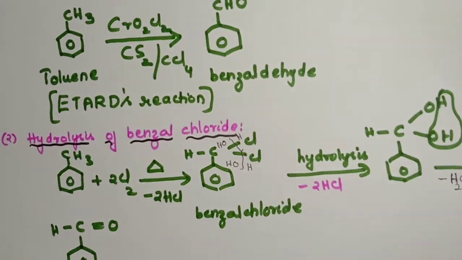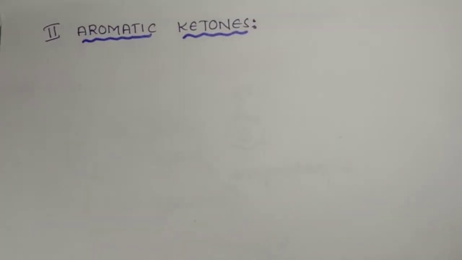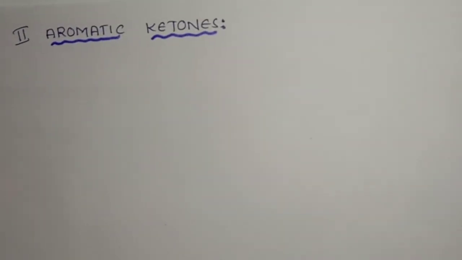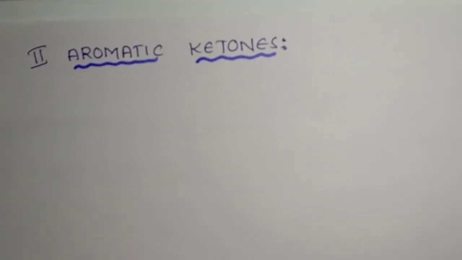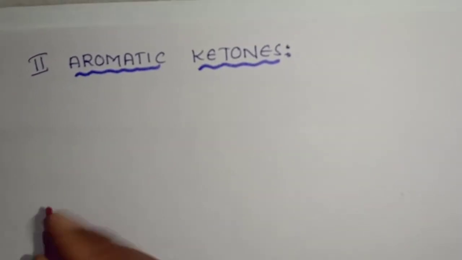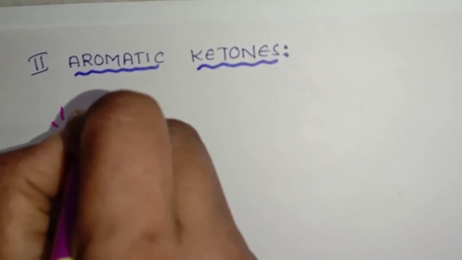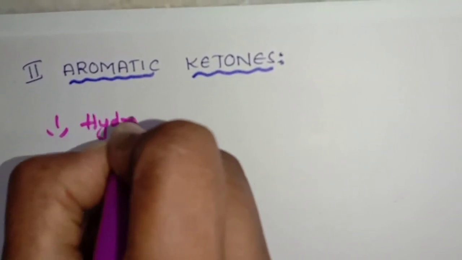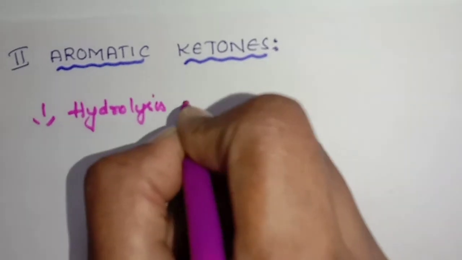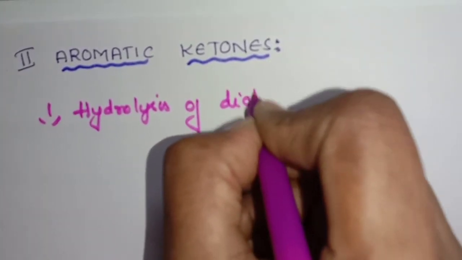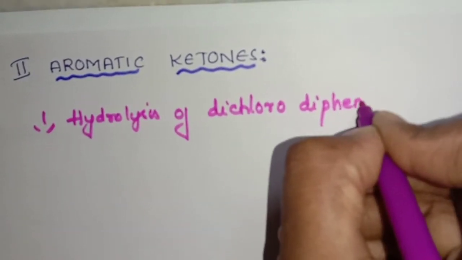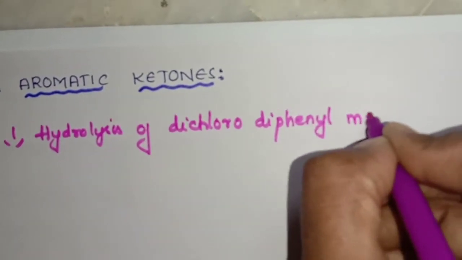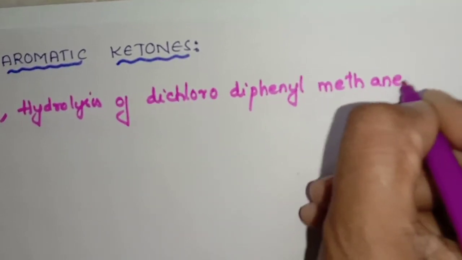Next one is preparation of aromatic ketones. The first method under this is hydrolysis of dichlorodiphenylmethane.